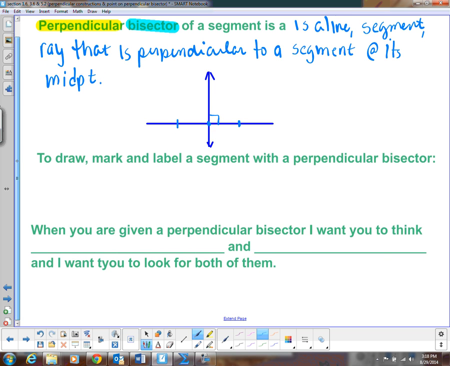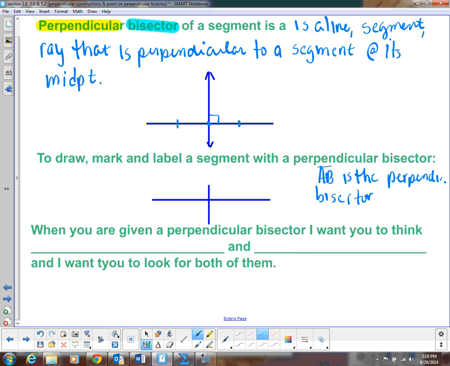So when you want to draw, mark, and label a segment with a perpendicular bisector, we'll say AB is the perpendicular bisector of segment MN.